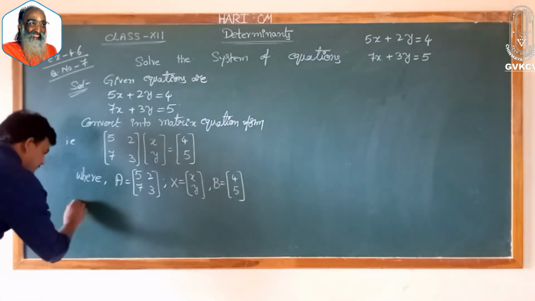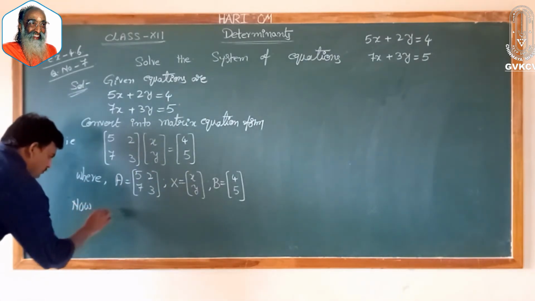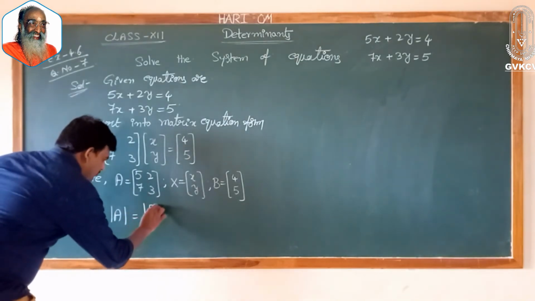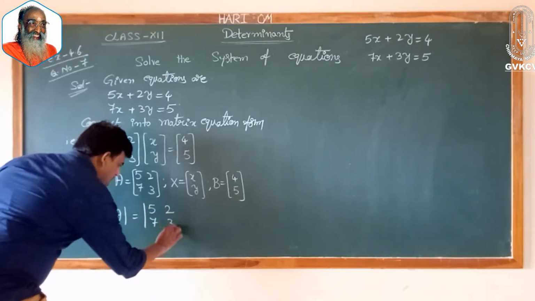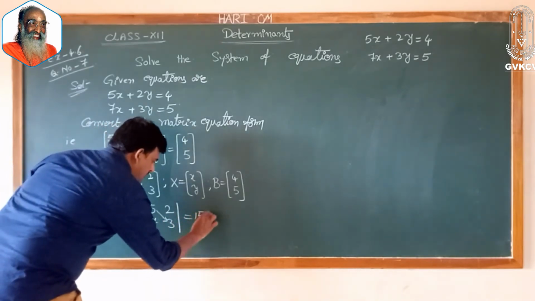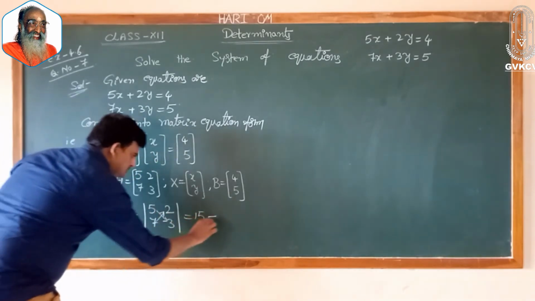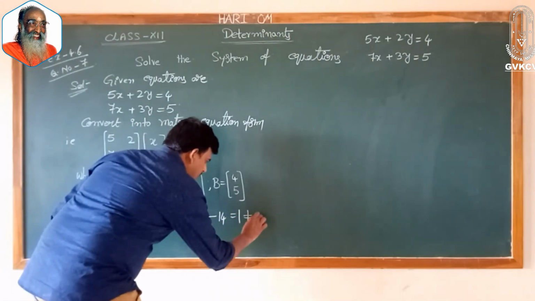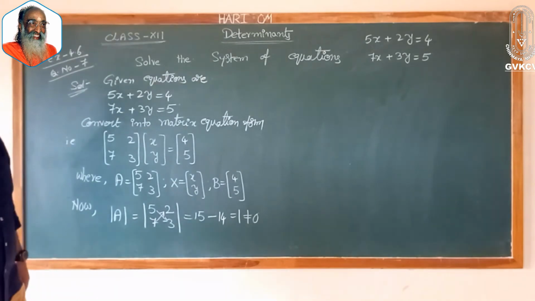Now we find det A, the determinant of 5, 2, 7, 3. Here 5 threes are 15 minus 7 twos are 14, which is 1, which is not equal to 0.